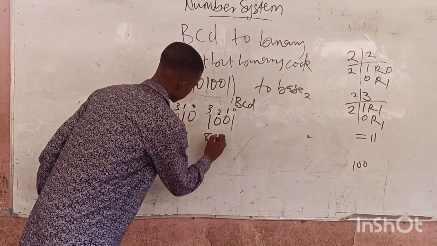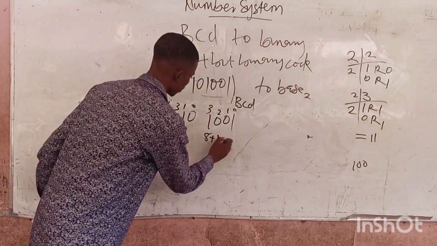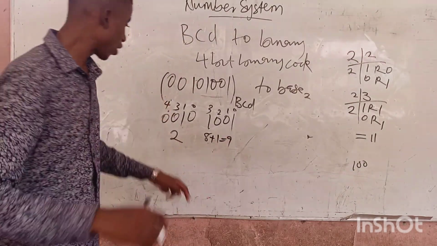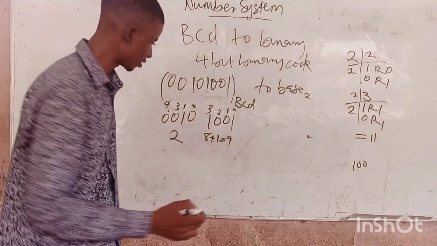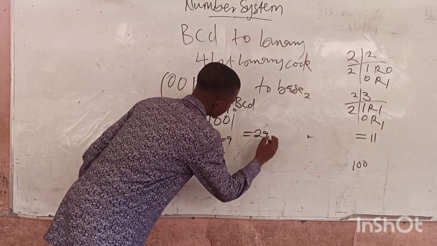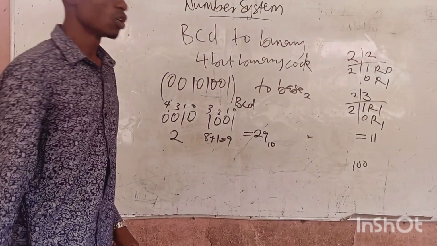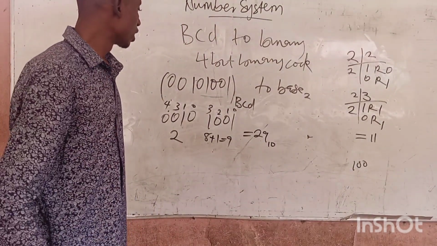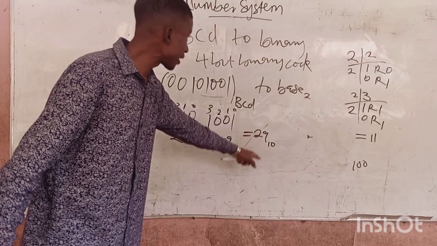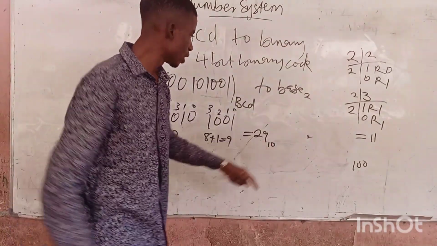So plus 1, meaning we have 9 here. Altogether we are going to have 29 in base 10.